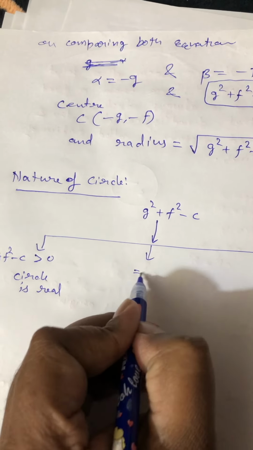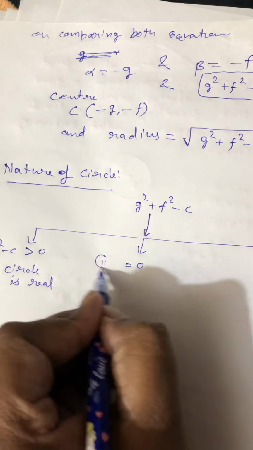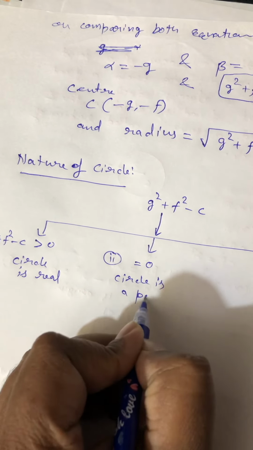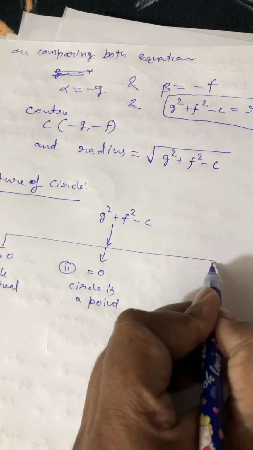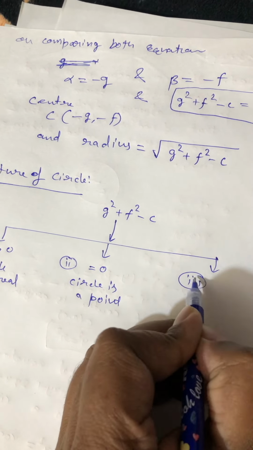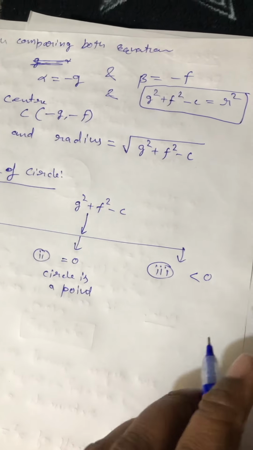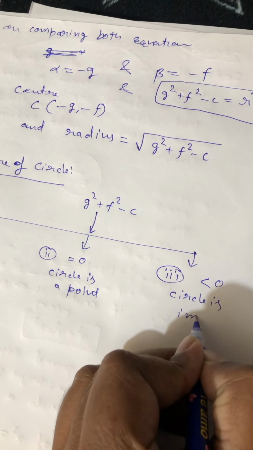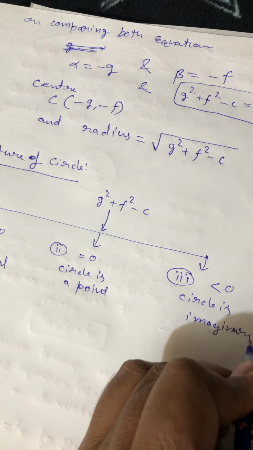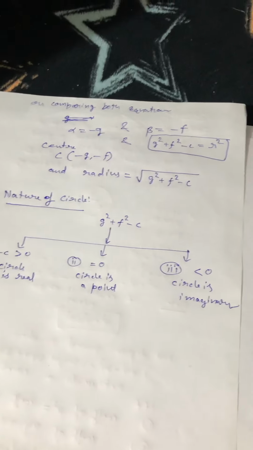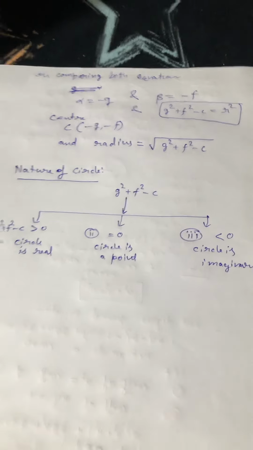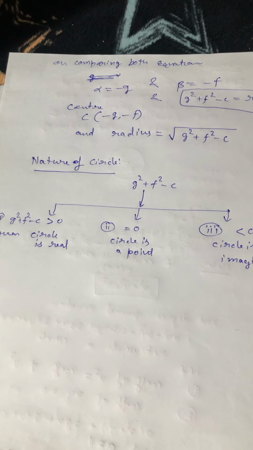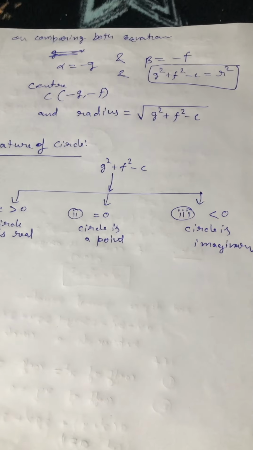If this quantity is 0, then the circle is a point, or say a point circle. If the third one, that is negative, that means the circle is imaginary. So in this way we find the nature of the circle, and using this condition we can check whether the circle is real, a point, or imaginary.